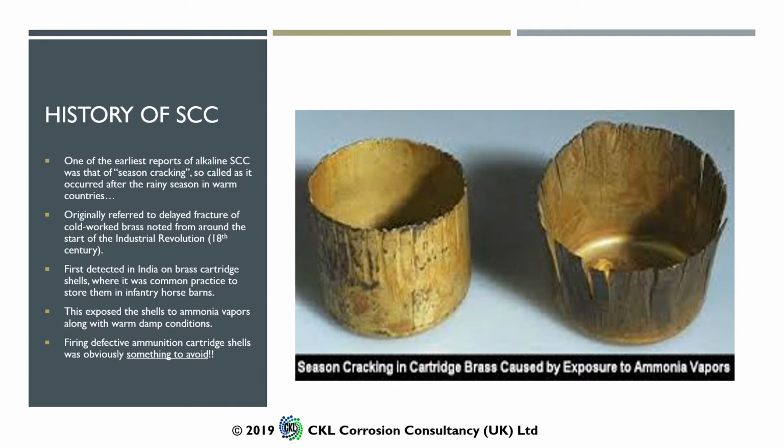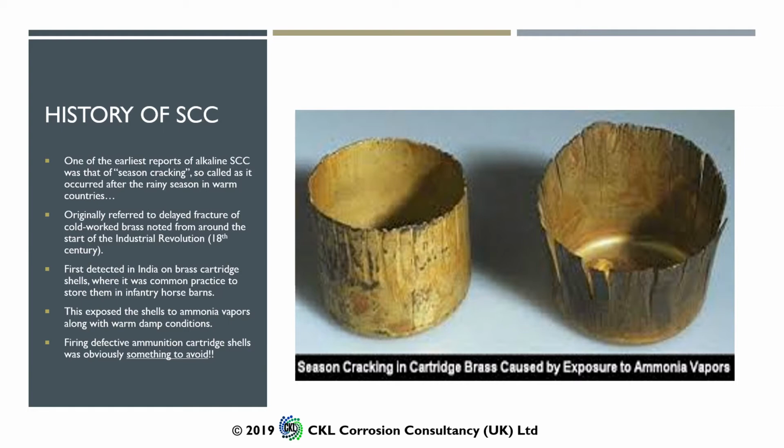It was only given this name because it appeared to happen towards the end of or shortly after the rainy season in warm, humid climates in countries around the equator area. Only because it occurred at the end of the rainy season, it was christened season cracking. People were not sure why it was happening, but they knew it happened roughly then for some reason.